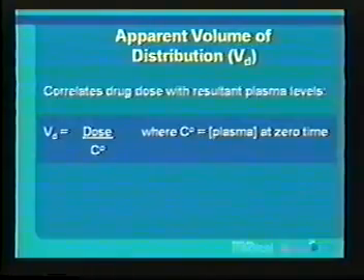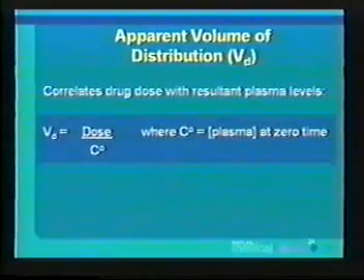It's usually designated as V subscript D, VD, and it's given by dividing the dose of a drug by the concentration that occurs at 0 time in the blood. And this is a parameter that we need to remember. This is one of our keepers. When I say know something well, I sometimes use the phraseology, keep it. All right? So this is a keeper, to know this relationship here.